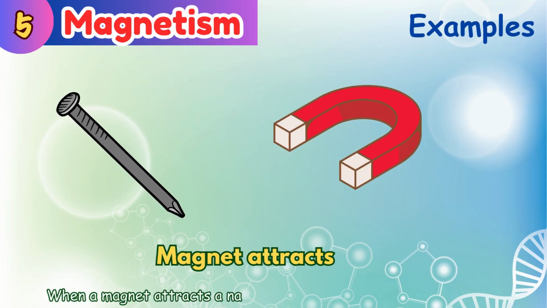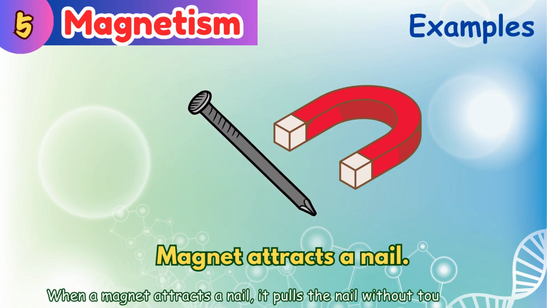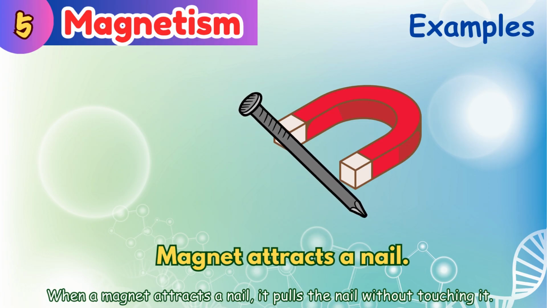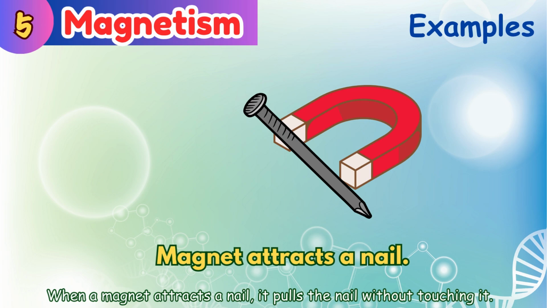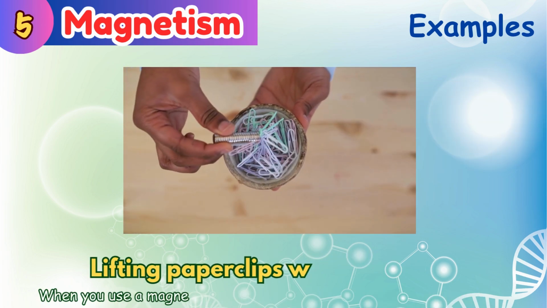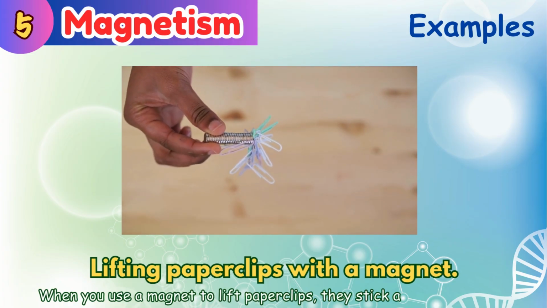When a magnet attracts a nail, it pulls the nail without touching it. When you use a magnet to lift paper clips, they stick and move upward.